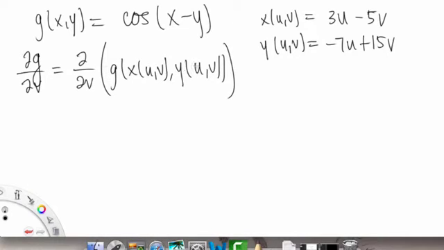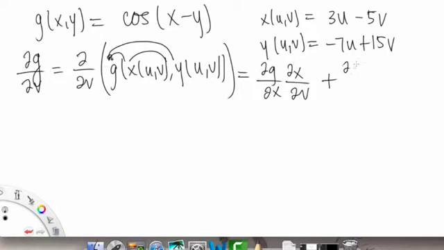Okay, so we have something like that, and according to the chain rule, starting at g, we're going to have partial g, partial x, and then partial x, partial v, plus, and we're starting over at g here, partial g, partial y, then we're going to make that final leap to the v, so partial y, partial v.